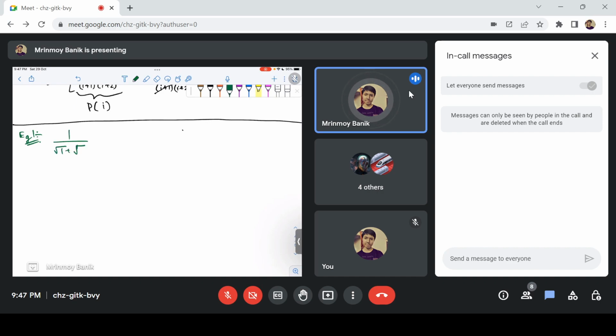So here is the sequence: one by square root of 1 plus square root of 2, one by square root of 2 plus square root of 3, one by square root of 3 plus square root of 4, like that up till 1 by square root of 99 plus square root of 100. So how to solve this?